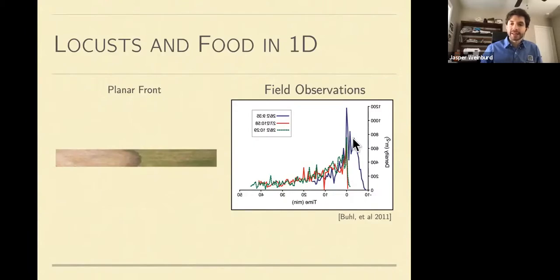This data was collected by a field ecologist, Jerome Buell, down at the University of Adelaide in Australia. He set up a camera and watched a locust band march underneath, took video, and then counted locusts in frames.